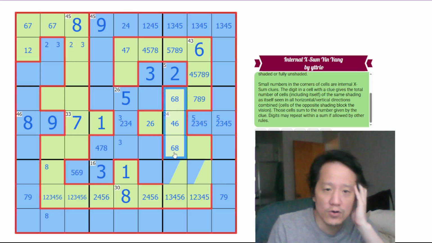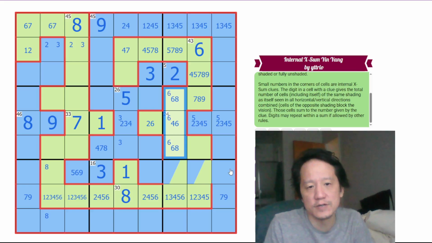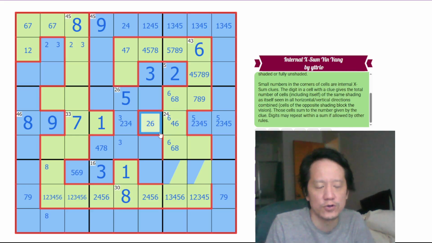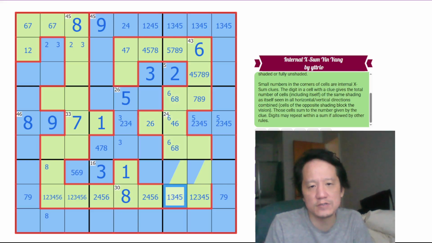So 6 is always one of these 3 digits, right? Because either this is 6, in which case obviously it's a 6, or this is 4, 6, which would force us to add up to 14 because the 4 sees only 4 digits that are the same shading. So it would be blocked off here. So 6 always has to be one of these, so this can't be 6 here.